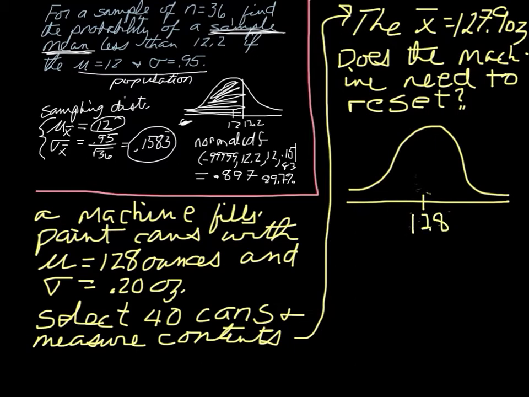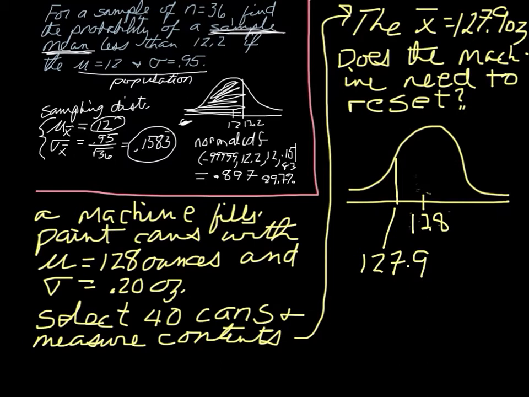Okay? How likely is it that when we fill the paint cans, we get 127.9 ounces? Okay? And so when we fill them up to there, which isn't all the way to 128.